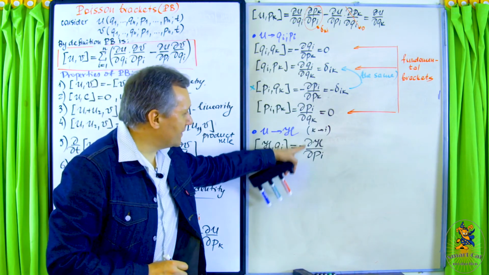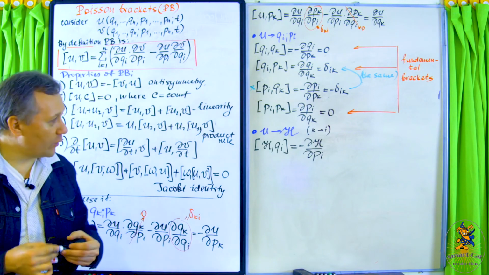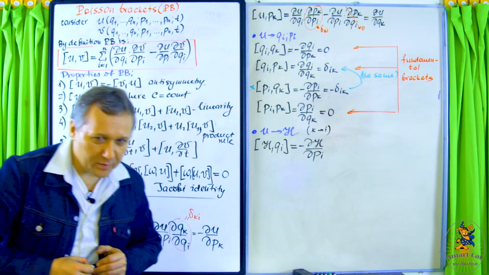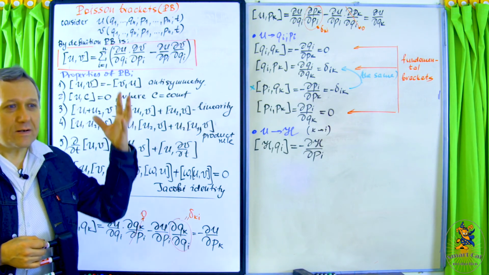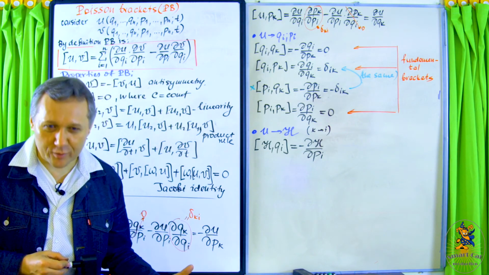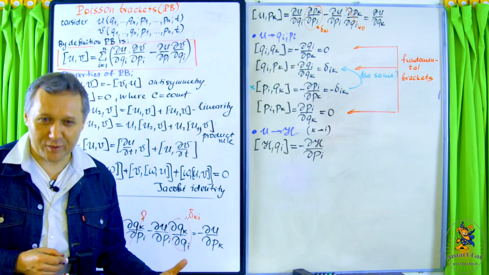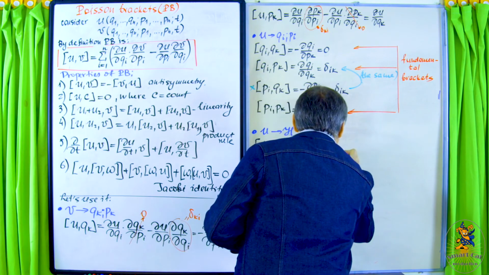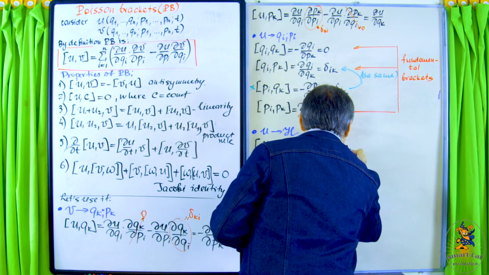What is this dH, the partial derivative of H with respect to the generalized momentum? It's q dot, according to Hamilton's equations, you remember? It will be equal to minus q_i dot.